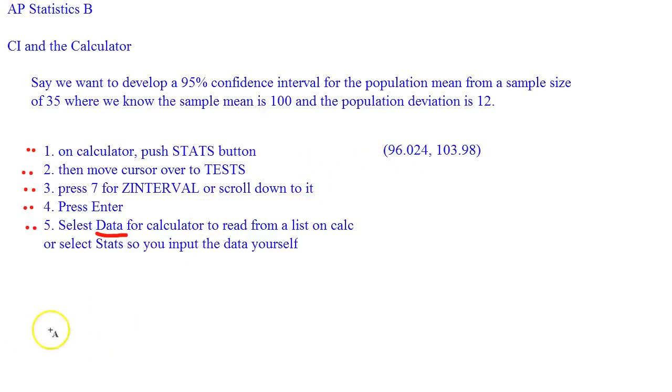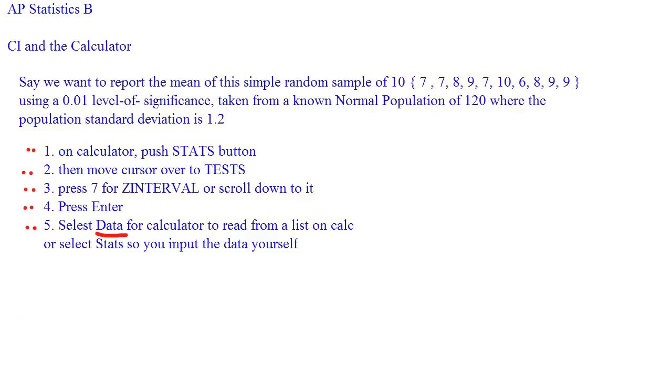Now let's see what happens if you have to put in the data yourself into a list. Please understand you do have to go to stat and edit the actual list yourself, and I would put it into L1.